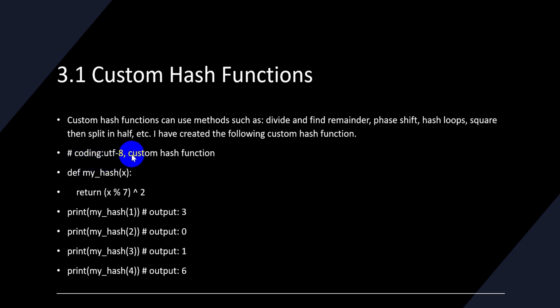This is the default coding, and this is to explain that we're creating a custom hash function. And then here is the function that we're creating. Its name is myHash, and the parameter is x. When we run this function, it will return x mod 7 XOR 2.